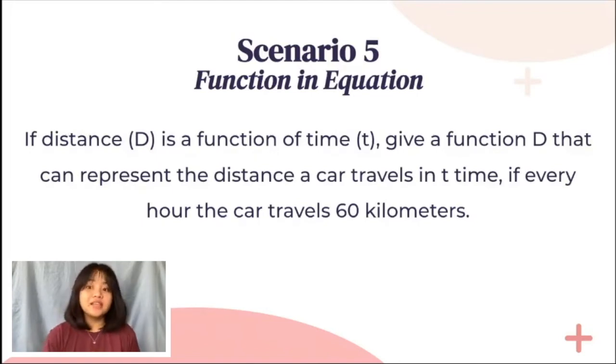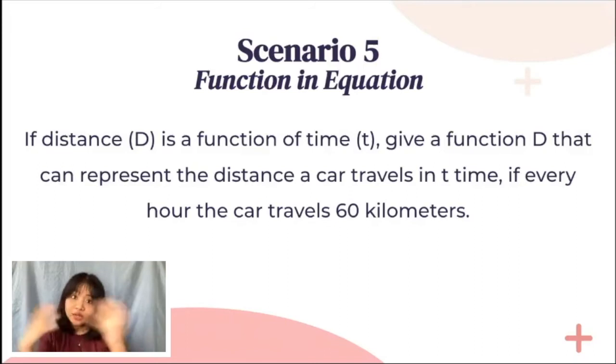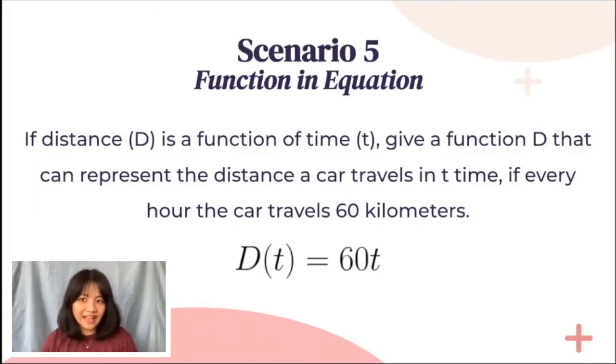If distance d is a function of time, t, give a function d that can represent the distance a car travels in t time. If every hour the car travels 60 kilometers. Pause the video here and try to see if you can answer, if you can write this real life situation to a function. So, the correct answer is D. Una si D kasi we're going to give a function D. Tapos, sa loob si T kasi in terms of our time natin ko-compute our distance.